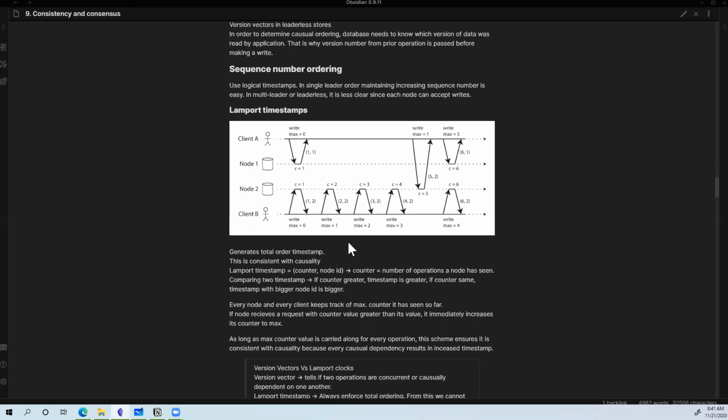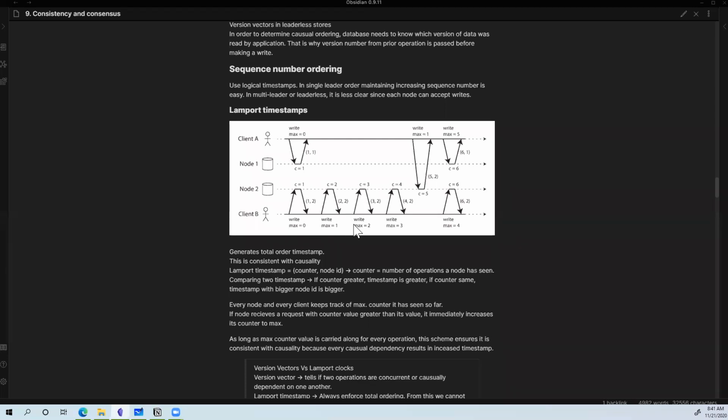So probably something like this: even if this operation happened much later and they are not concurrent, we cannot definitely say these two operations were concurrent, because this could have happened much later and it could have been the first operation on this node. Still, it would have got the ID 1, 2, right?